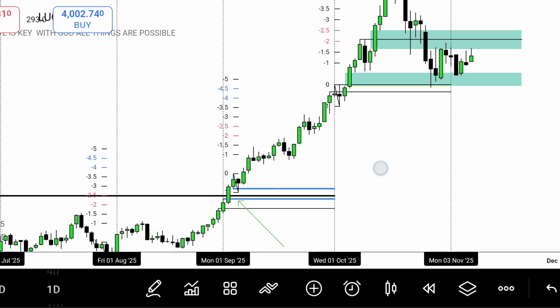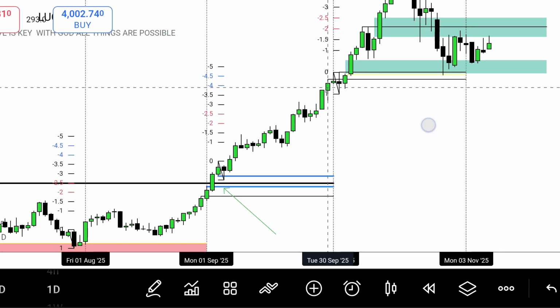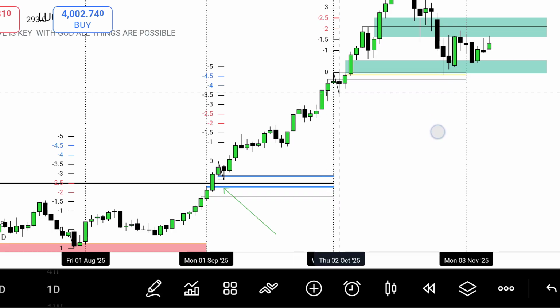Then we saw the close of the month, and we saw October open up, and we used September high perfectly as support on price.